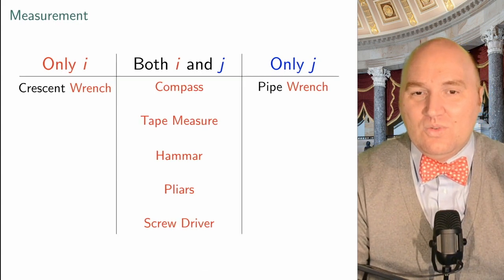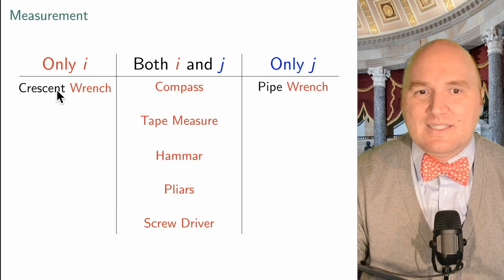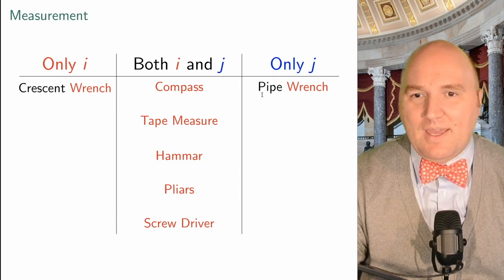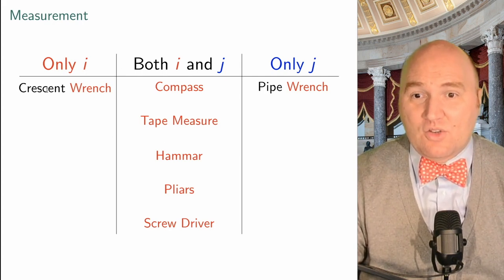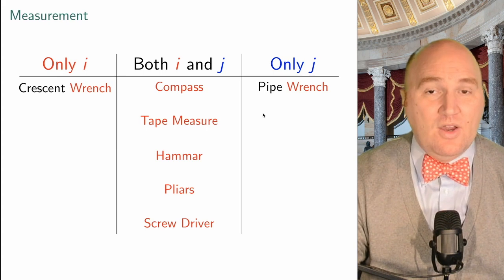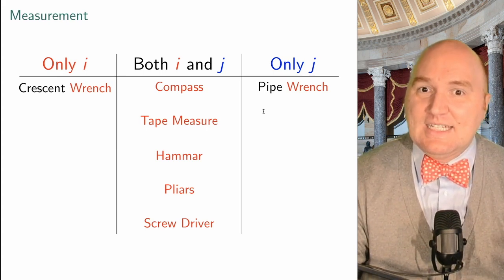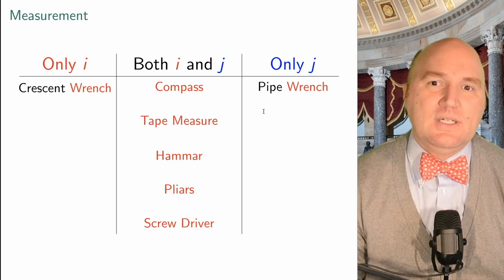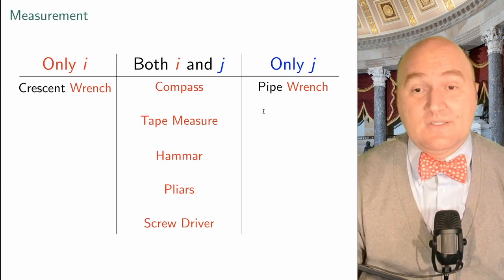The only two things that are different in this list of policies are the crescent and the pipe. They're both wrenches. Everything else is exactly the same, but the crescent and the pipe components are different. So we can then start to get an idea about how to distinguish between the policy solutions that members of Congress are offering.